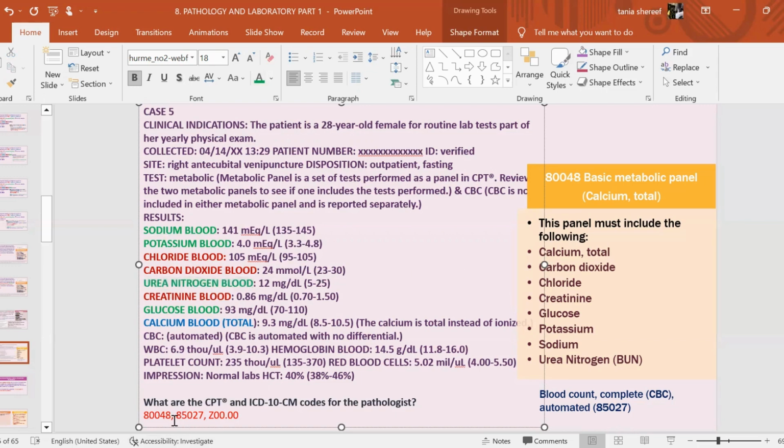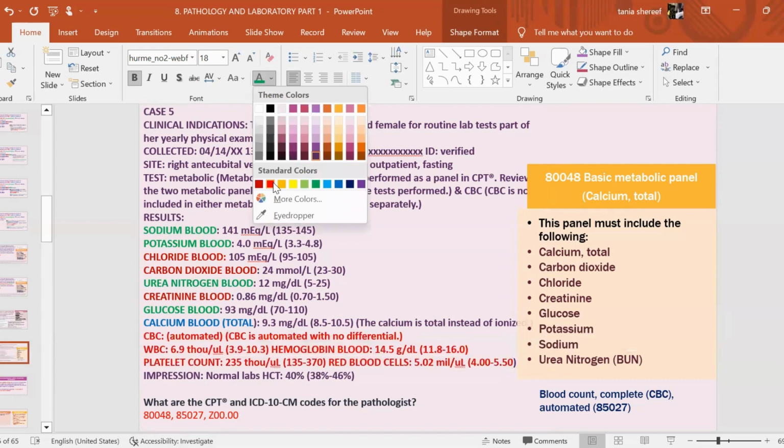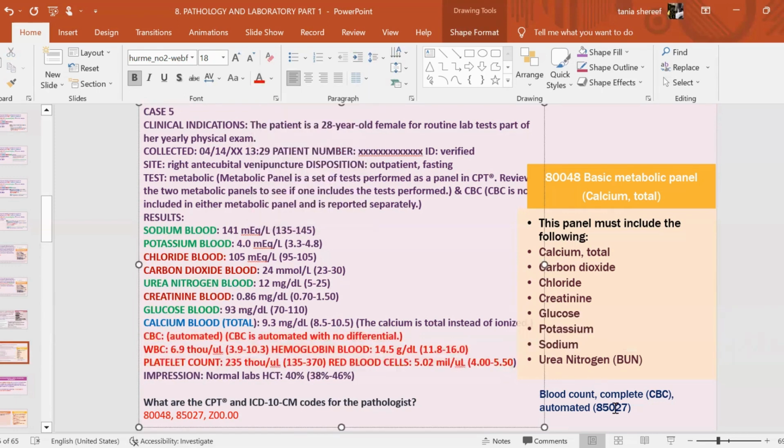Okay, that is 80048. Now next test is CBC. CBC complete automated. So for that, what is the code? This includes the CBC automated. All this is CBC. CBC complete automated. So for that, we have to report 85027.